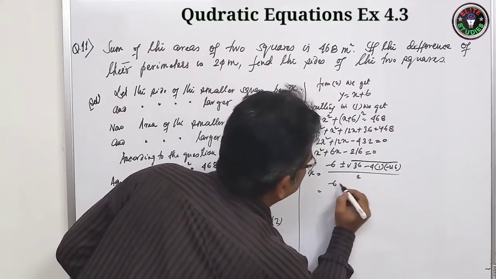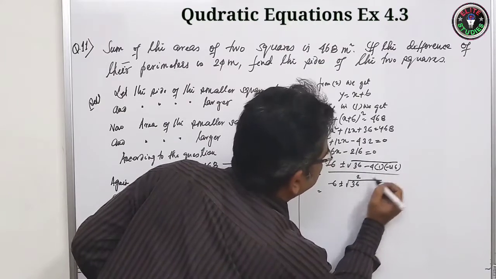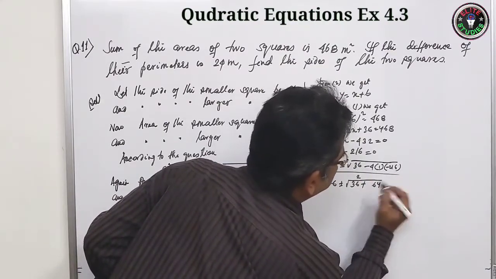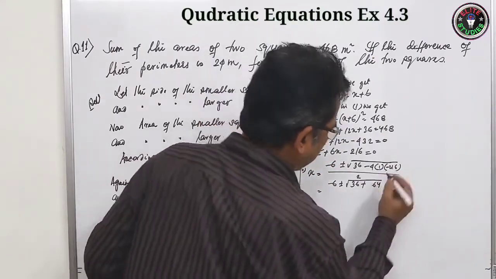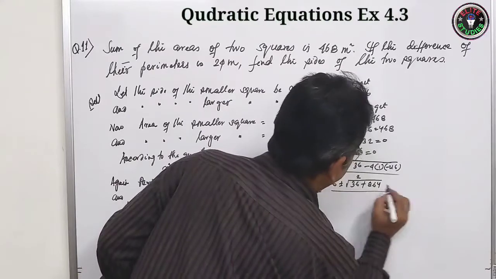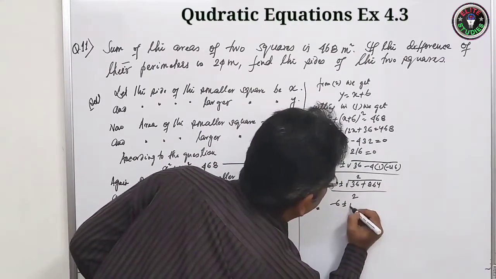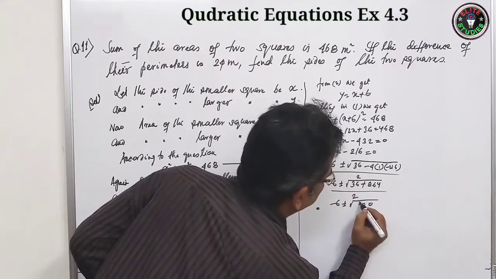That will give you minus 6 plus minus root over 36 plus 864, divided by 2.